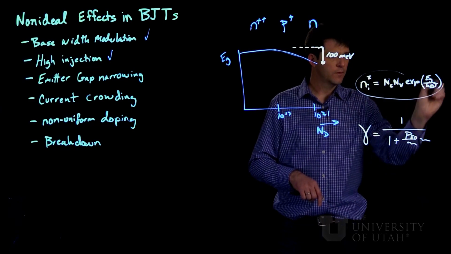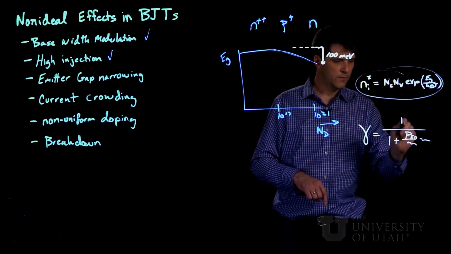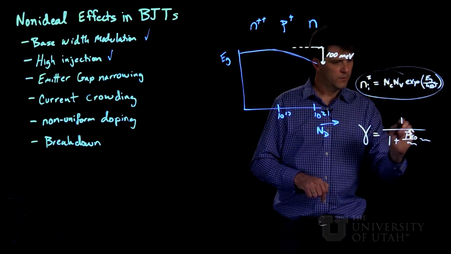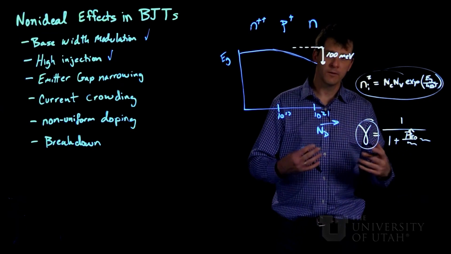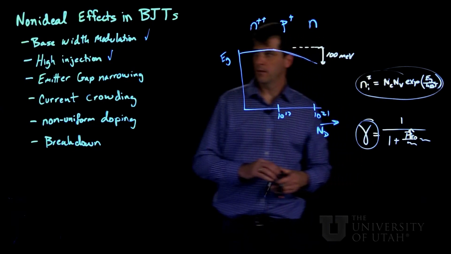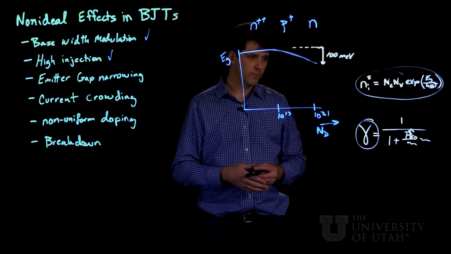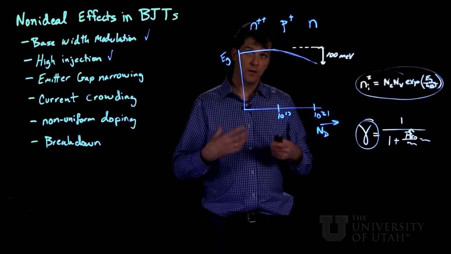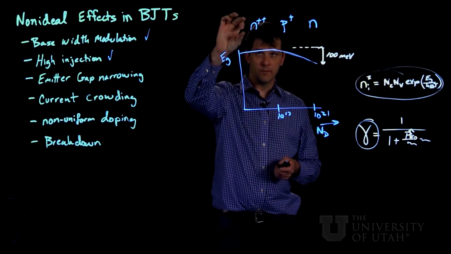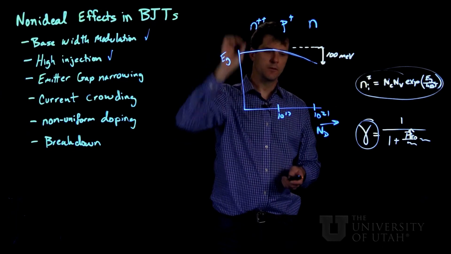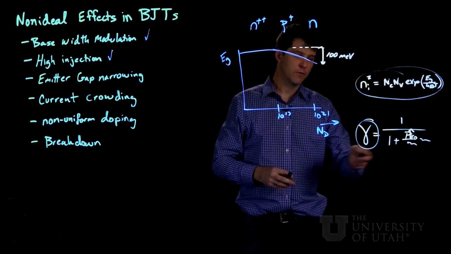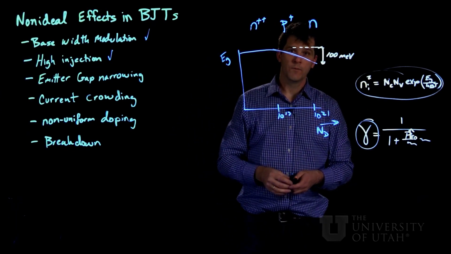So if this starts increasing, that means that this increases for a given doping, and that means overall that our emitter injection efficiency goes down. And that means that you have to optimize the doping. You can't just dope as high as you possibly can. You have to optimize the doping in the design in order to maximize the overall gain.